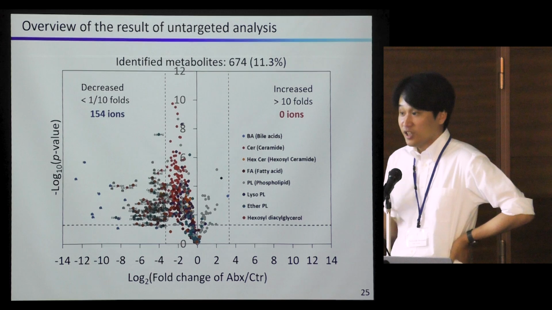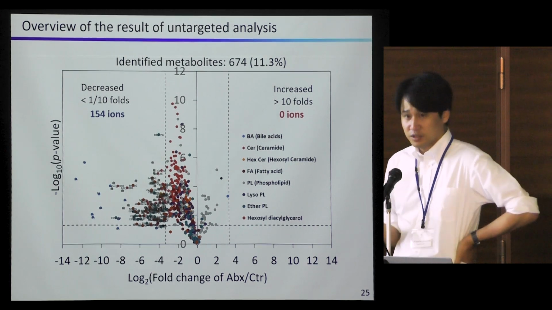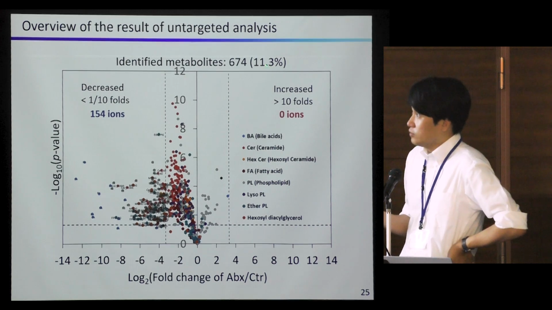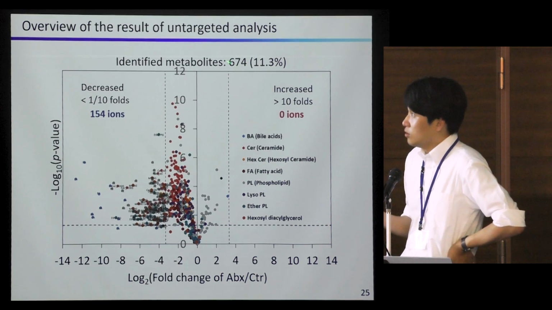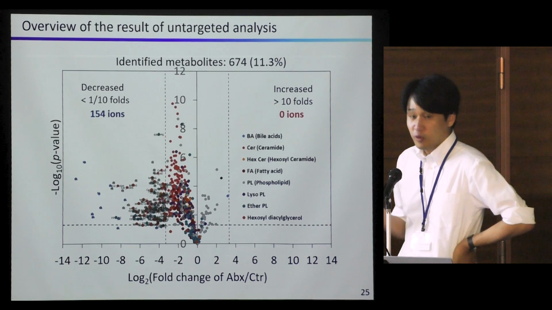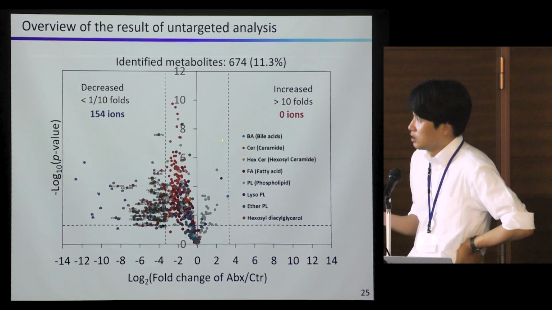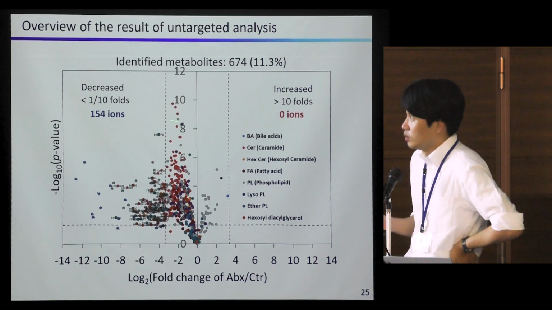First, we tried to identify the molecules using conventional databases. We successfully annotated only 274 molecules. The identified metabolites are mainly bile acids, sphingolipids, phospholipids, etc.